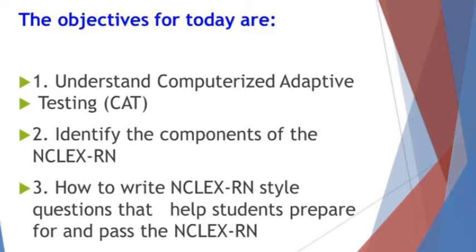And then finally, it's just a reminder on how we can write NCLEX-RN style questions that are critical thinking, because if we can do that while we're in the College of Nursing with our nursing students, then they will be more prepared to handle the NCLEX-RN. So that's one of the things we'll do at the very end.